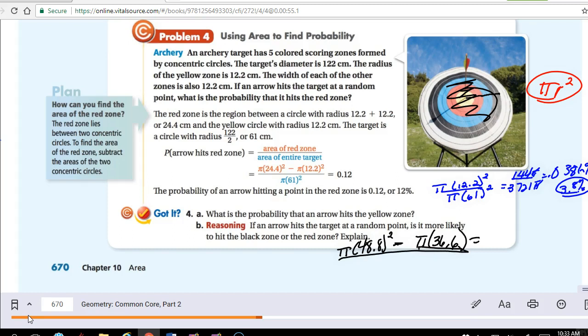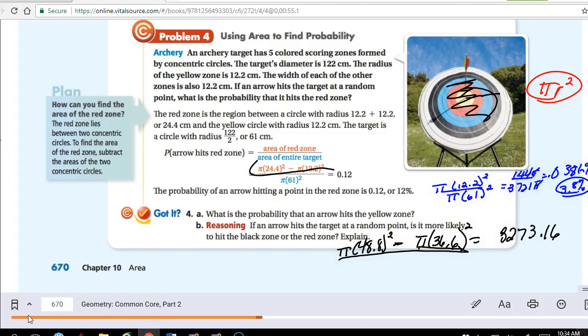So when you find the difference here, of course use your calculator. It's going to be 48.8 squared times pi minus 36.6 squared times pi, and you end up with approximately 3,273.16.